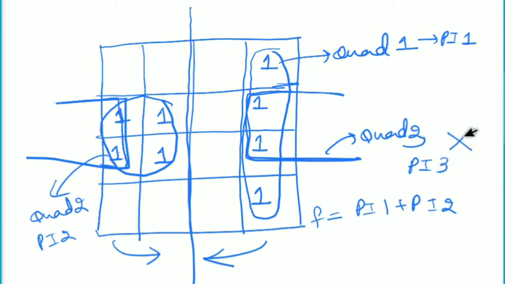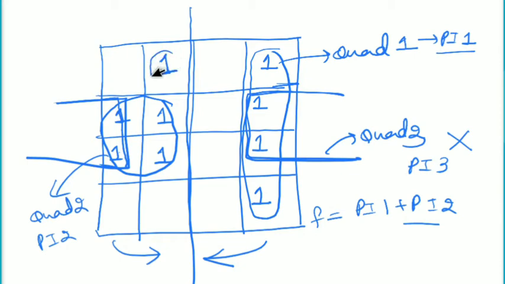It is a non-essential prime implicant, because whenever you cover prime implicant 1 and complete prime implicant 2, by that time all the ones in the K map are covered. The grouping of all the ones will be done by these prime implicants. Then there is no requirement to group the ones again. But if any cell is left to group, like let us say if you have a 1 over here, then you need to look for the adjacent cells for this one.